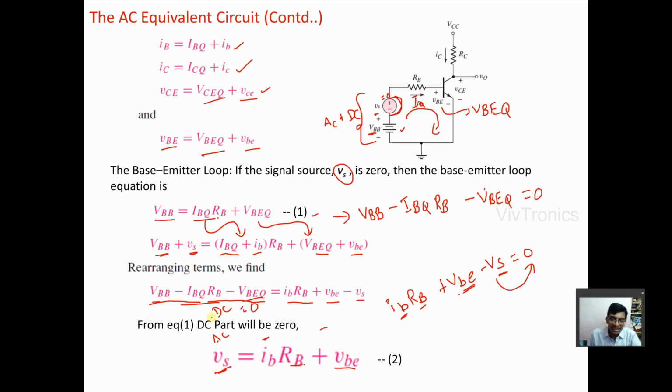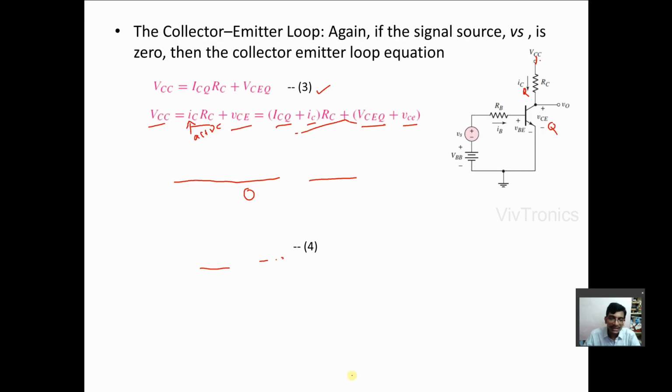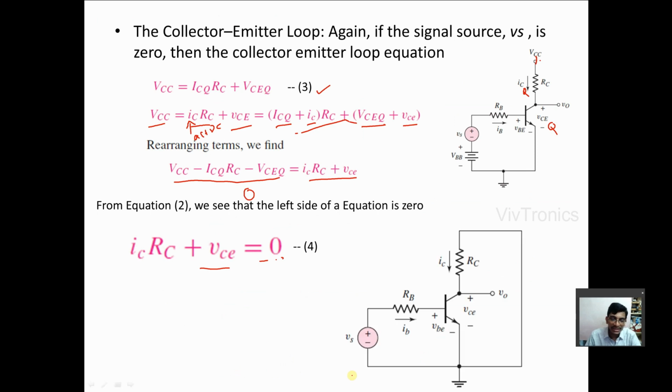In the AC equivalent circuit, the input side loop equation is equation number 2, Vs equal to ib RB plus vbe. Here we have only one AC signal source Vs, which develops the voltage across the RB resistor as well as the base to emitter voltage, keeping all DC voltages at 0, so VBB is taken as 0.